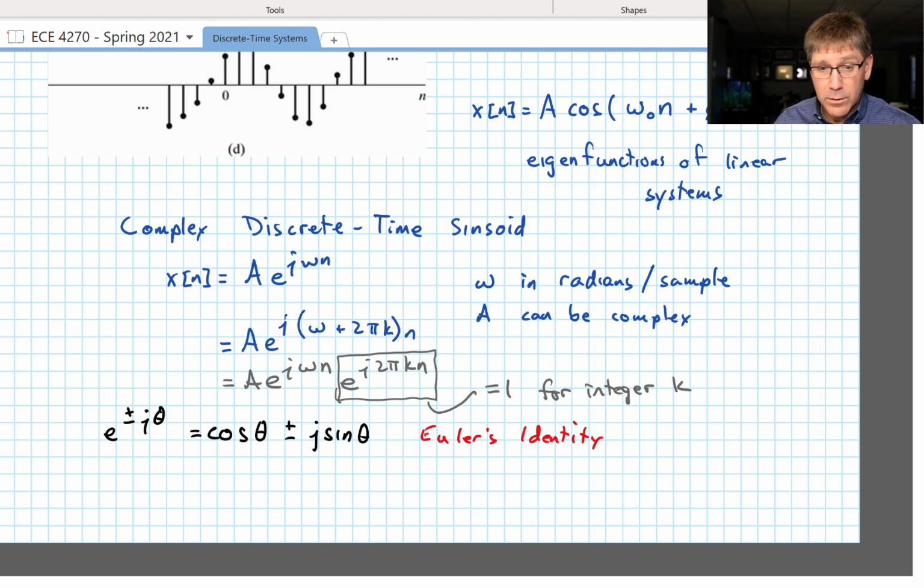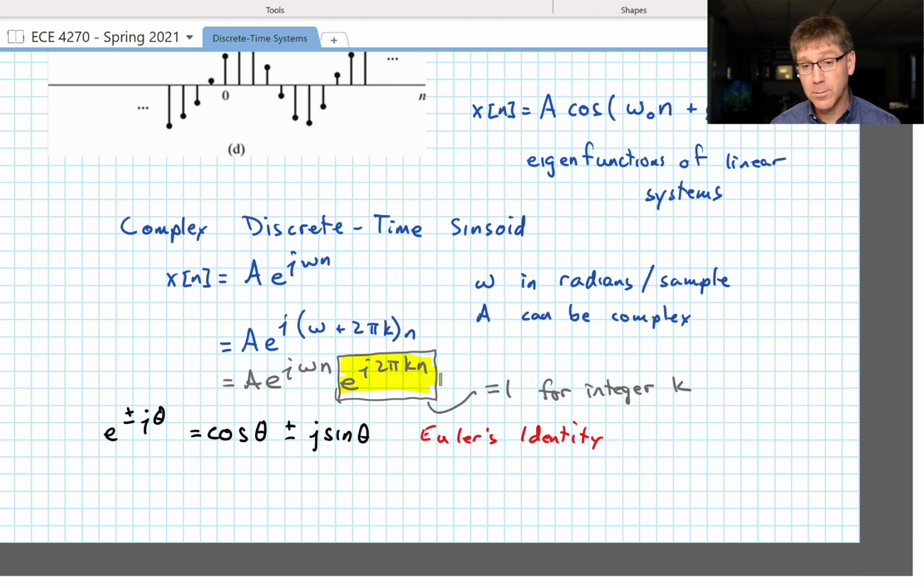If we look back at what we did just above, that would mean that this value here is going to be cosine of 2 pi kn. So it's going to be an integer multiple of 2 pi. A cosine of 2 pi is 1.